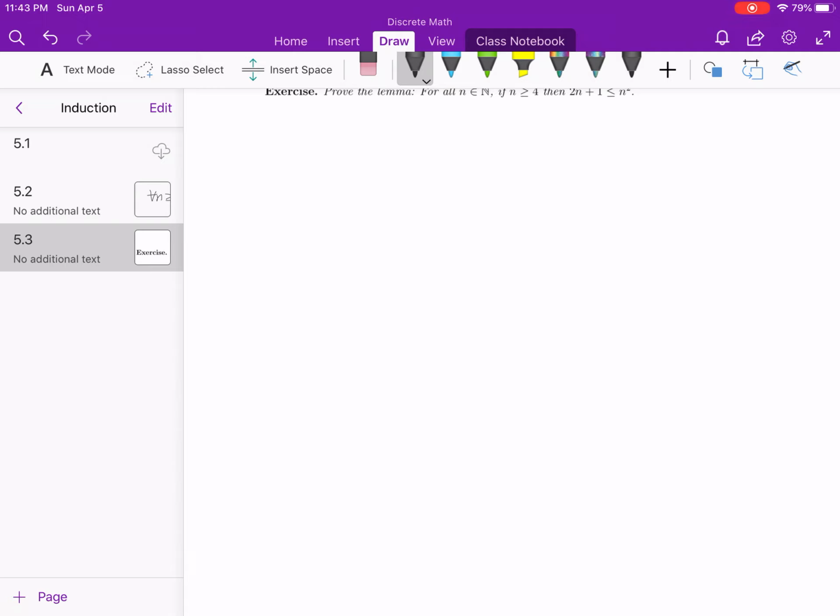So what's the first thing? Induction is always a two-part process. Step 1, I always do my basis step. I guess I could say proof, we could say by induction.